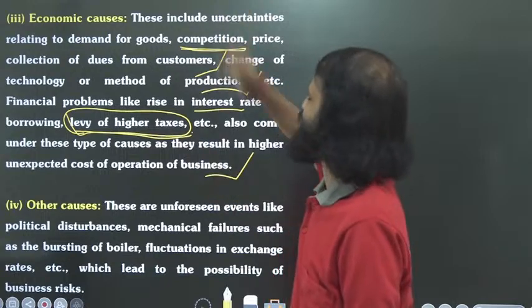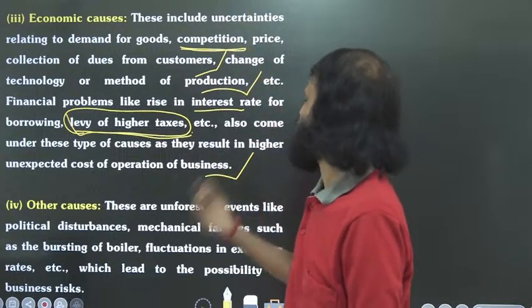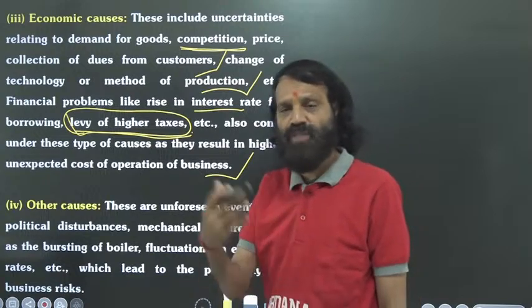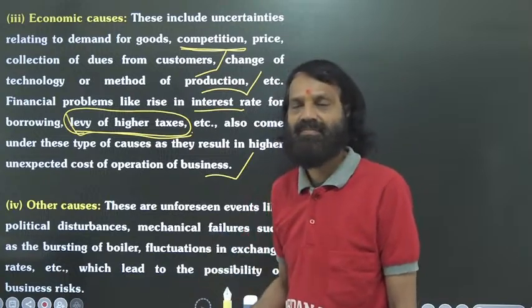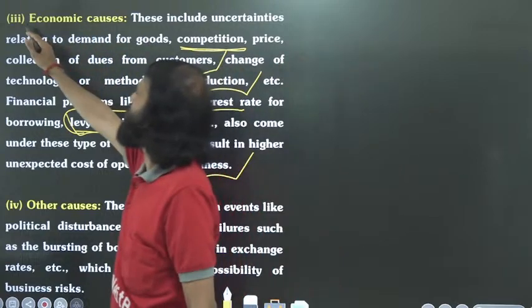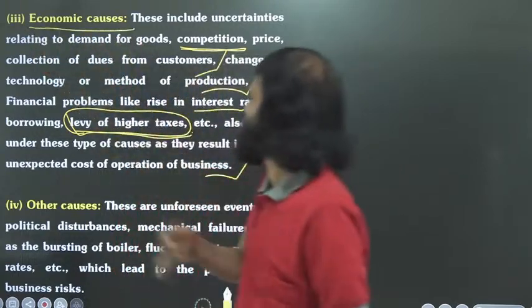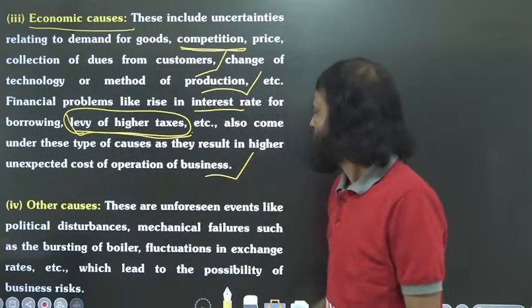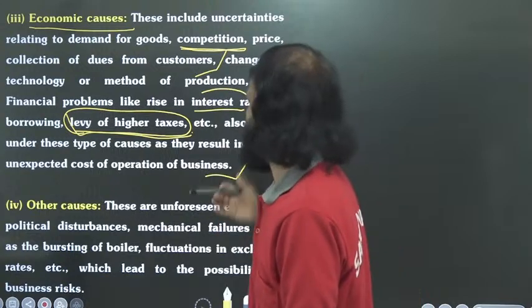All these can increase the cost of production. When the cost of production is more, the profit is very little. So all these come under the economic causes which create risk in the business and can make business profit very little.